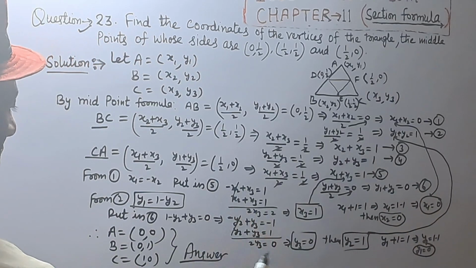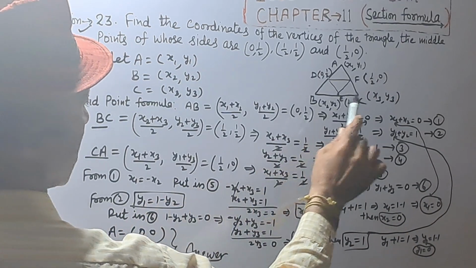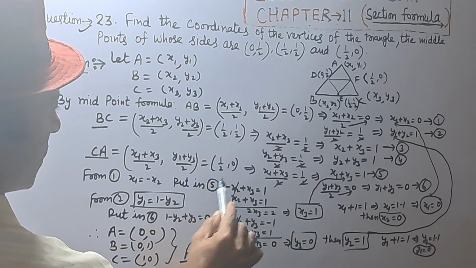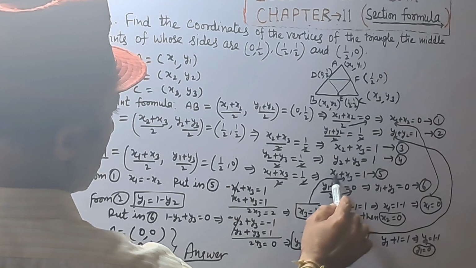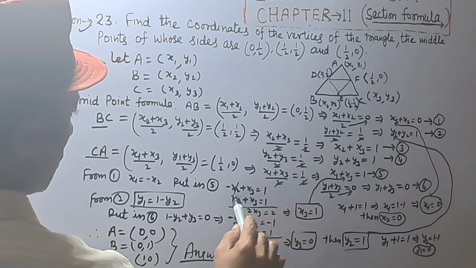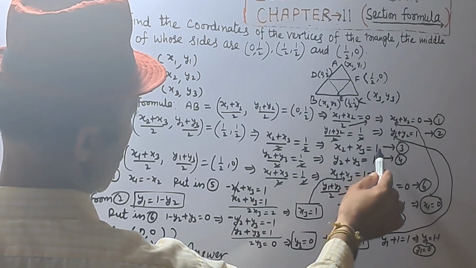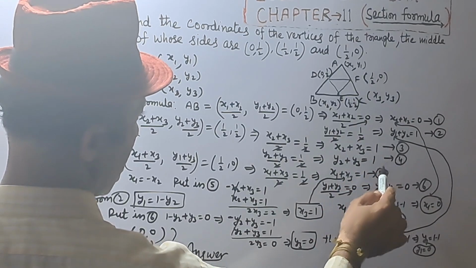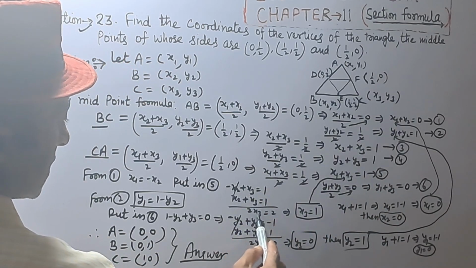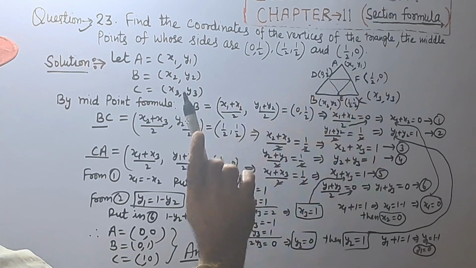It's equation number 6. From equation first, x1 equal to minus x2, and we are putting x1 equal to minus x2 in equation number 5. Minus x2 plus x3 equal to 1 and x2 plus x3 equal to 1. From equation third and fifth, adding we get 2x3 equal to 1 plus 1 is 2 and x3 is equal to 1.